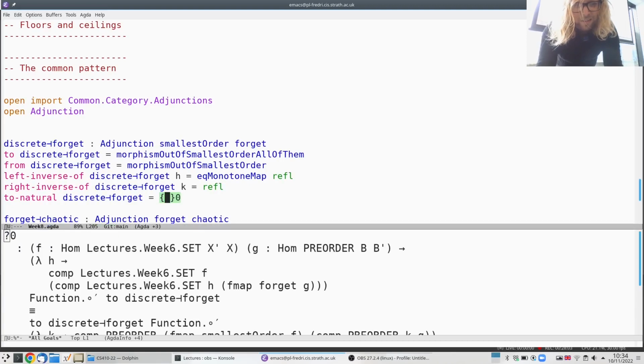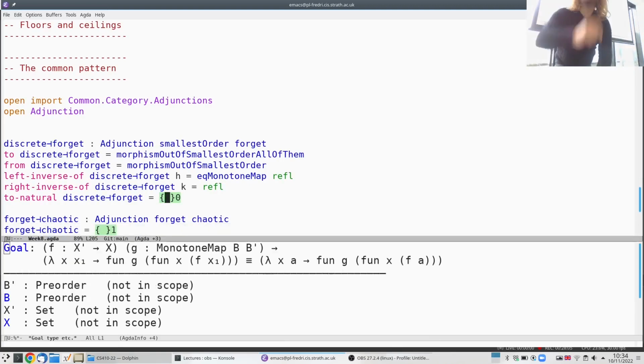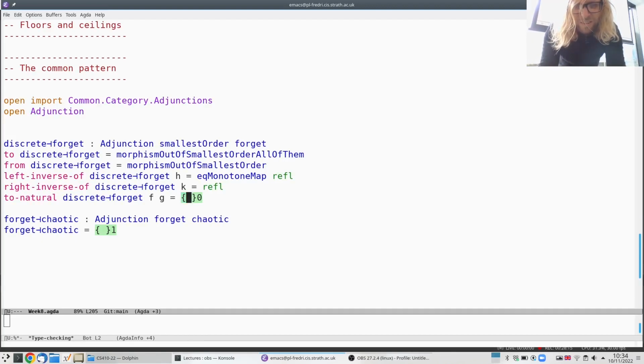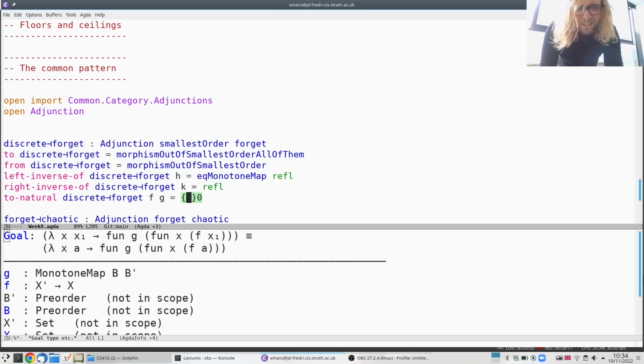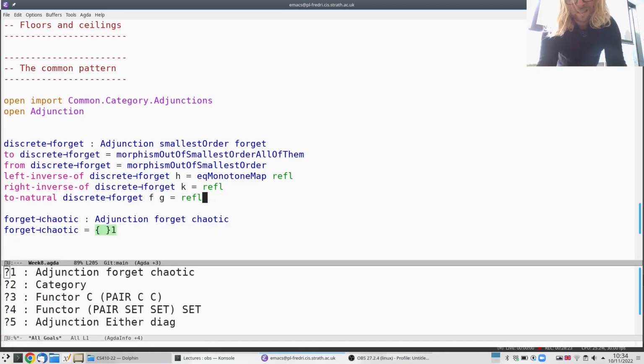And then finally we have to check this slightly scary naturality diagram. So we get an F and a G, which I even named the same here. That's reassuring. So again, I think we had this pattern a few times.